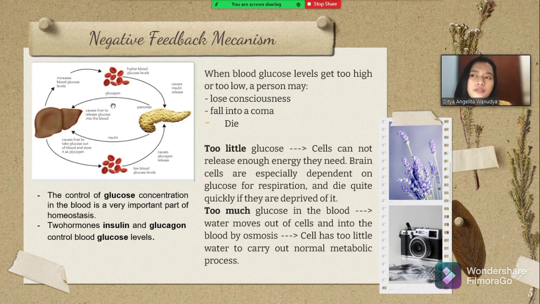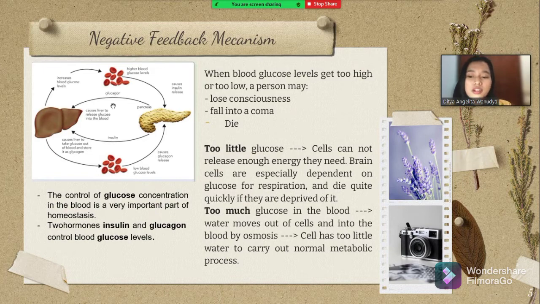But if the body has too little glucose, cells cannot release enough energy they need, and brain cells are especially dependent on glucose for respiration and die quite quickly if they are deprived of it.